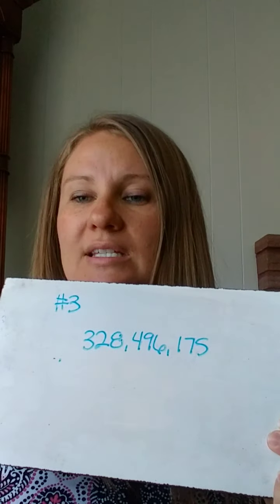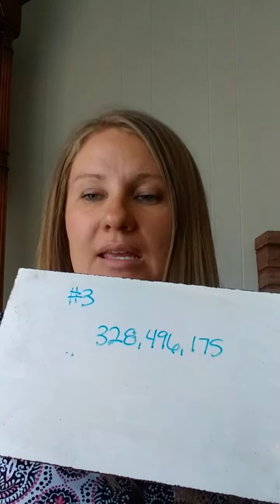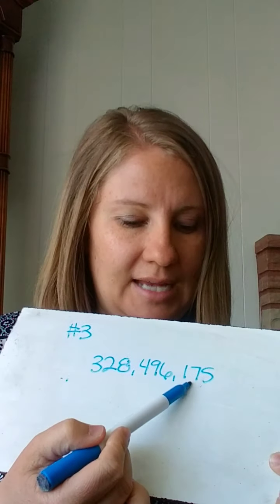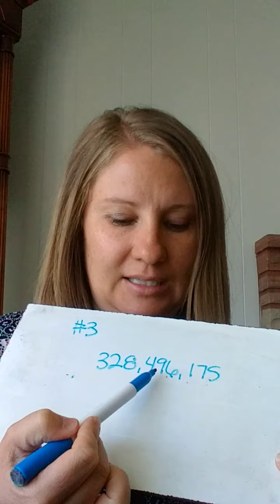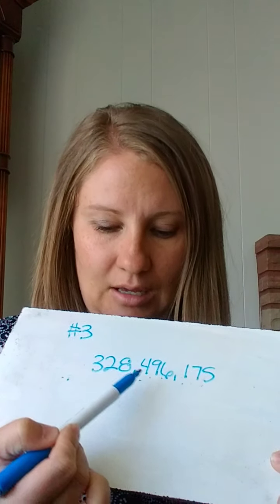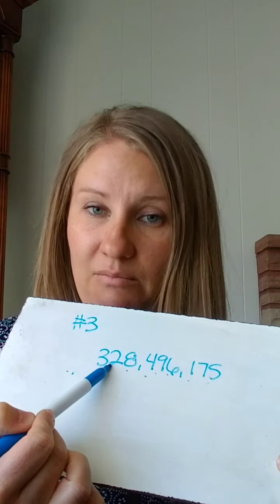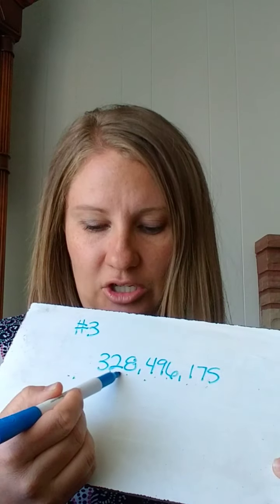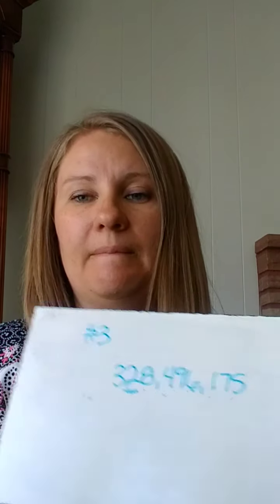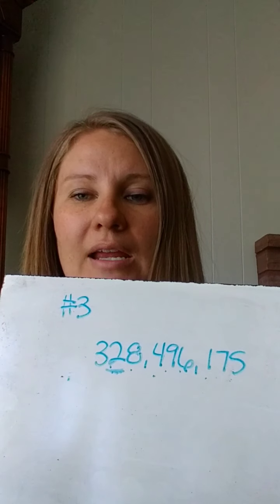And it says which digit is in the 10 millions place in this number. So we know we have ones, tens, hundreds, thousands, 10,000s, 100,000s, millions, 10 millions. So which digit is in the 10 millions place? Is right there.